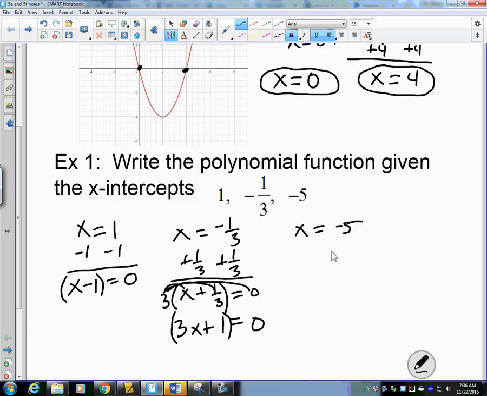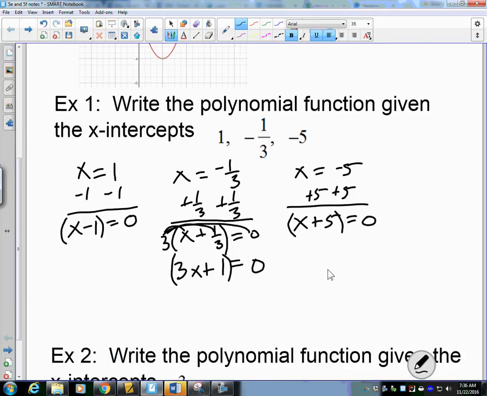And the last one, just add 5. And you get x plus 5 equals 0. And that is your last factor. So to write a polynomial function for this, we're just going to put f of x equals x minus 1 times 3x plus 1 times x plus 5.